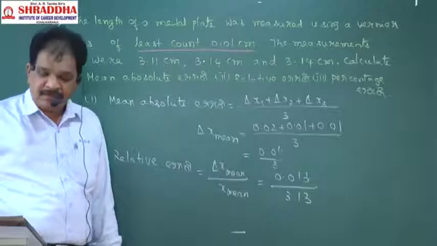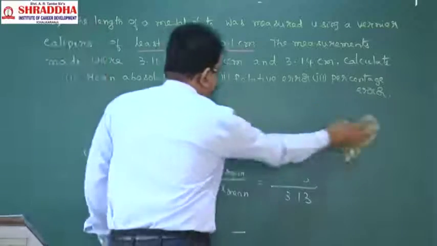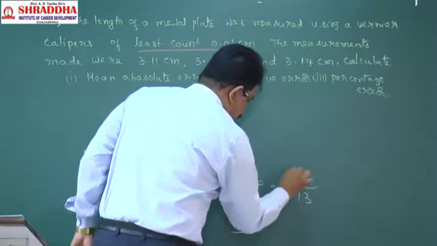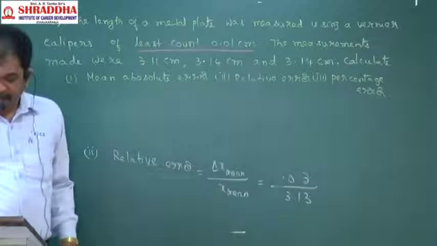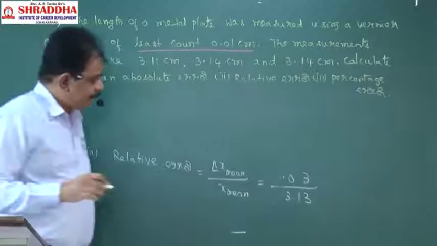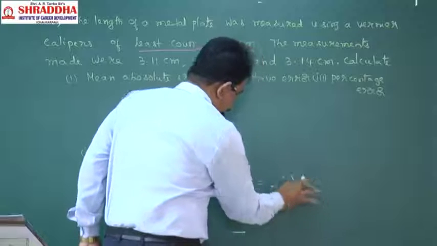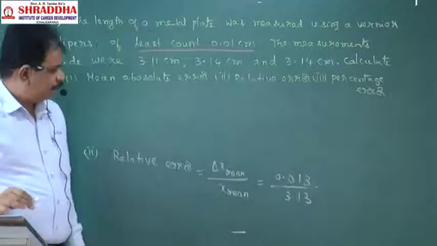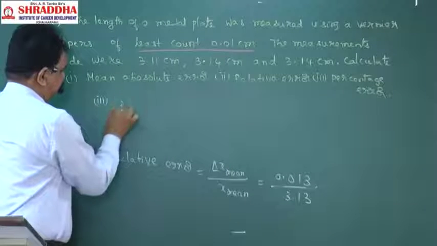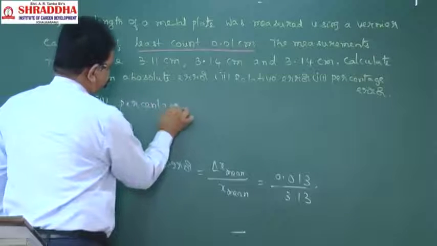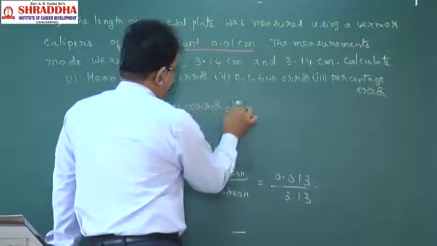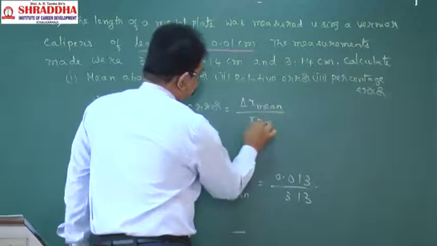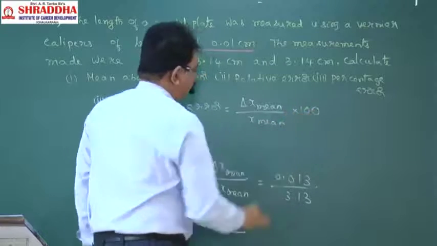Clear? Like this we have to do the models. Third one, percentage error means delta x mean by x mean into 100.